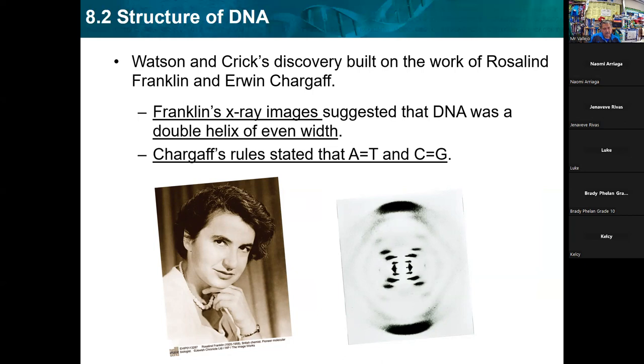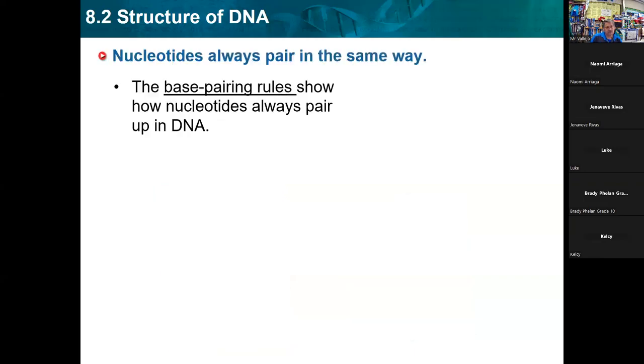So she actually died before the Nobel Prize was awarded. Since they don't give the Nobel Prize to people who are dead, she didn't get a Nobel Prize. Although historically, we look at it and go, oh, she should have got one. And she did much of the work that was important that led to the discovery of DNA.